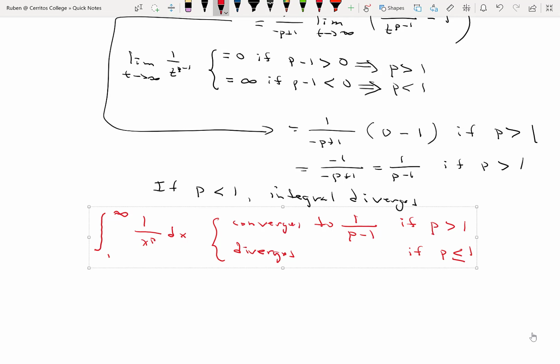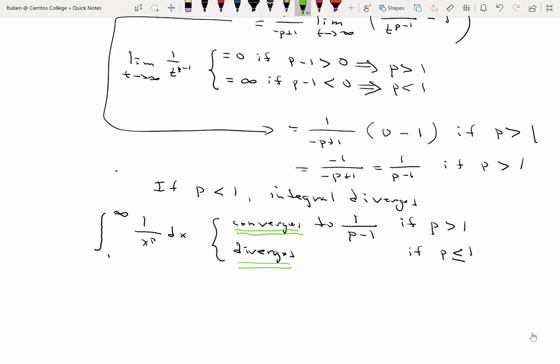The most important aspect of this integral is not the value to which this integral might converge. The important idea is that the integral converges if p is greater than 1 and diverges otherwise, if p is less than or equal to 1. The value of the convergent integral is not so much important in our later work.